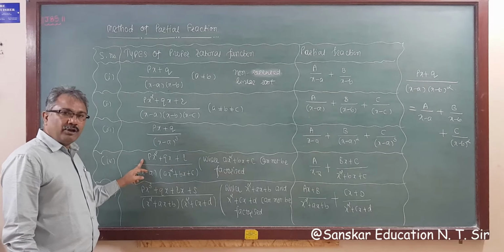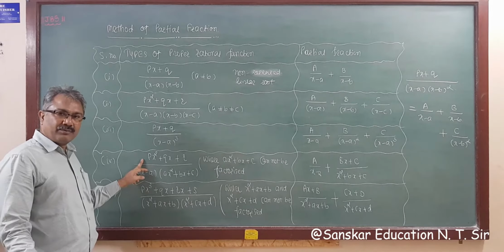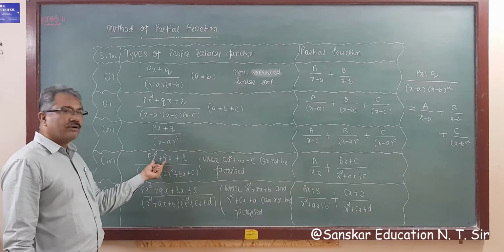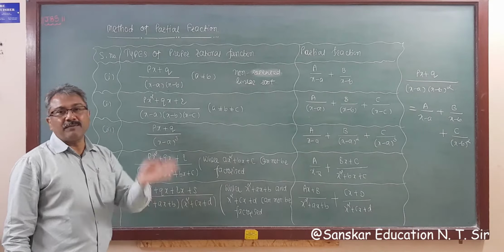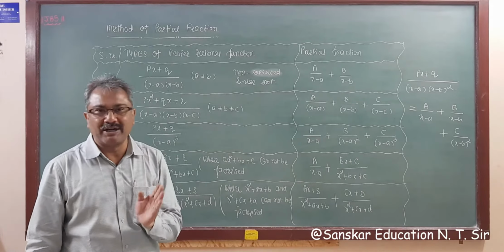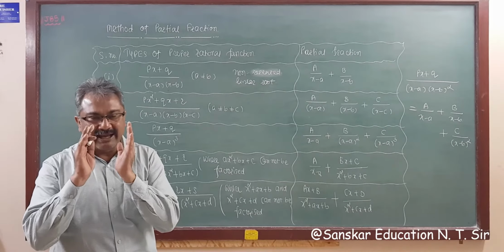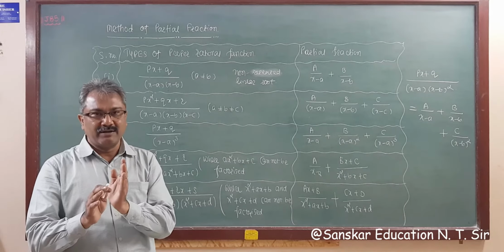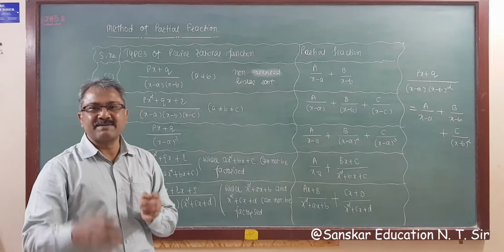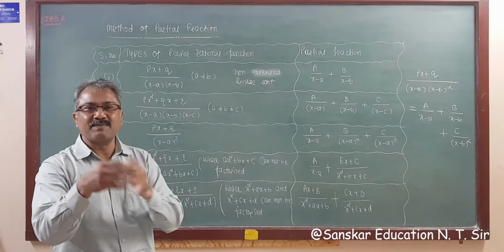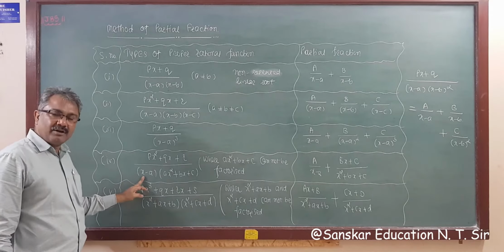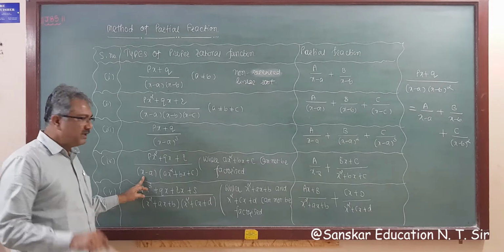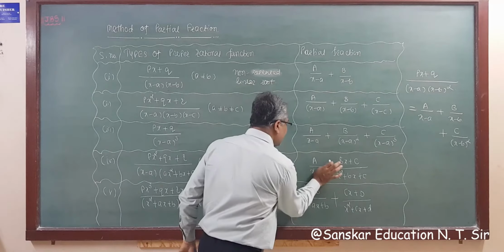Now in the numerator, any term that is given, here it is linear, and this is quadratic. So one of the factors of the denominator is now quadratic. Then always express the quadratic factor's numerator in ax plus b form, or px plus q form. So what you have to do? This is linear. For linear, you have to take one constant, that is a upon x minus a.